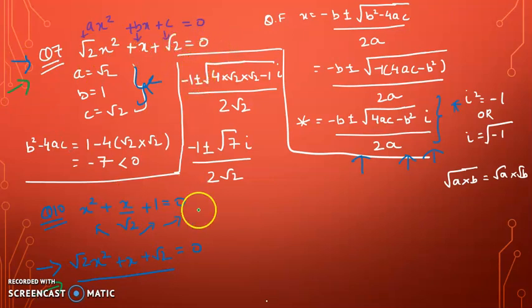No. So the answer will be the same here. Minus 1 plus minus root 7 I upon 2 root 2. This is your answer. Okay, you can directly substitute the values and get the answer. So in this way you can complete this exercise.